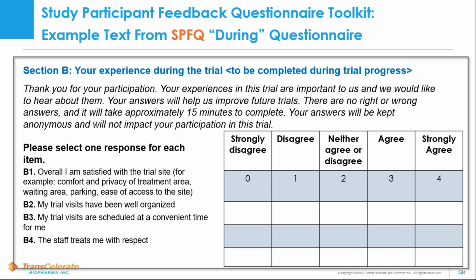And then as you can see here, it basically asks patients to rate their experience based on organization, time convenience, and being treated with respect. And then this is where, for each individual study team or even each research team who wants to use it, you can change the heading there, your experience during the trial, and there it says to be completed during trial progress.